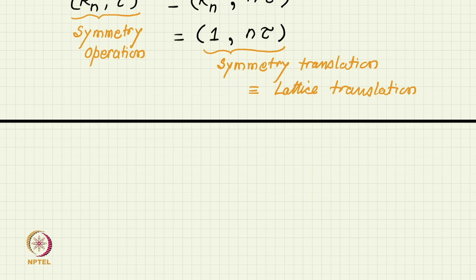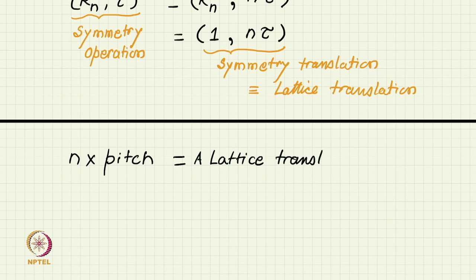So, let us write this: n into pitch is equal to a lattice translation, and not an arbitrary lattice translation, because remember pitch is a translation parallel to the axis.